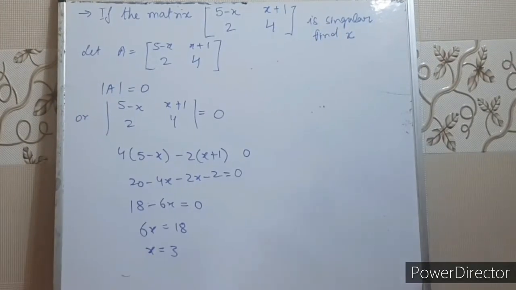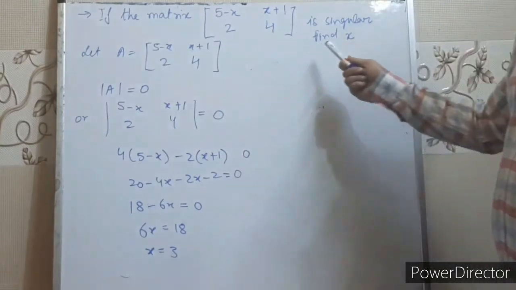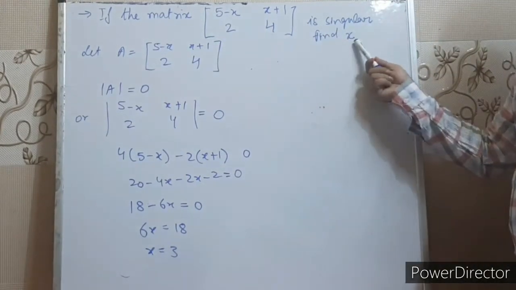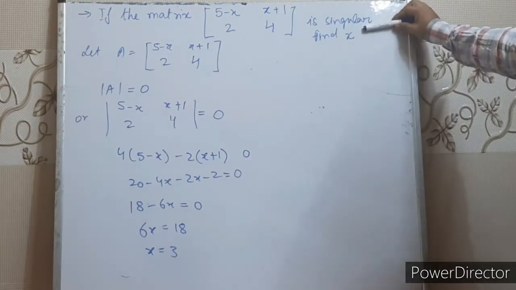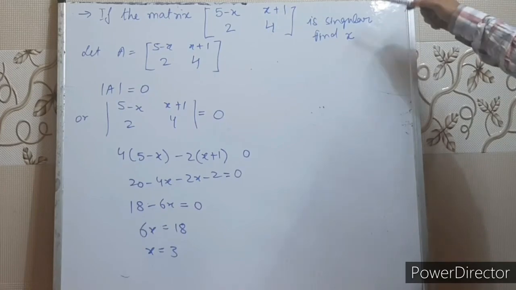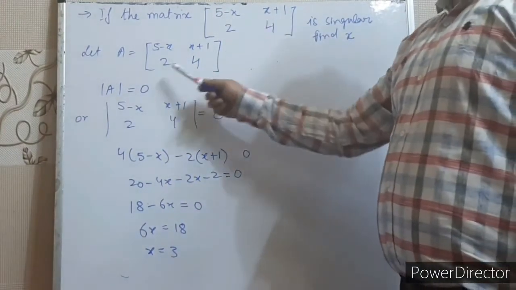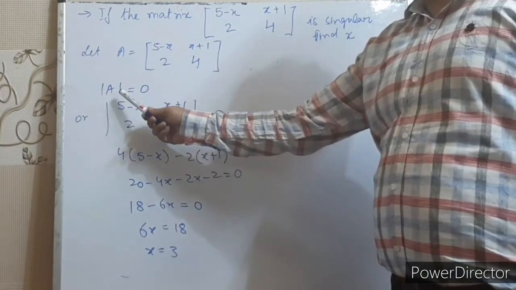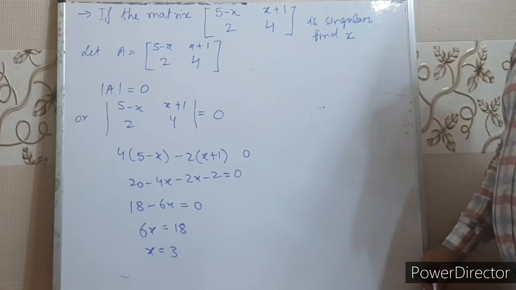Let's see a few sums, children. Here it is given that if the matrix is singular, then find the value of x. We know the definition of a singular matrix: any matrix is singular when the determinant of that matrix has value 0. So we assume this matrix as A, and we say that the determinant of A is 0 because it is given that A is singular.